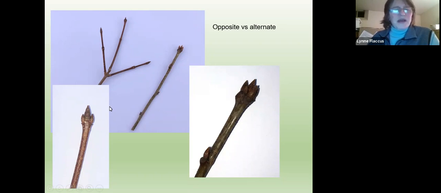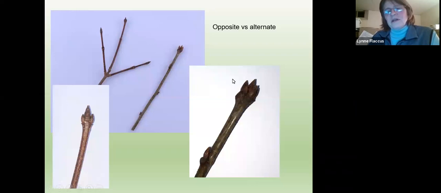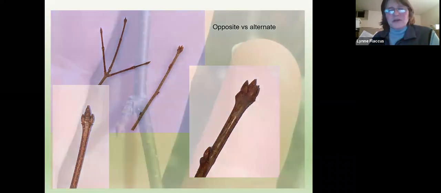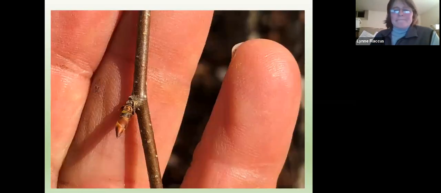In this case, we have a sugar maple on the left, which is an opposite budding pattern, and on the right is an oak, which is alternate. And the oaks are well known for the cluster of buds they have at the tips of their twigs. So anytime you find a twig with a cluster of buds, the oak is a possibility for that particular species.